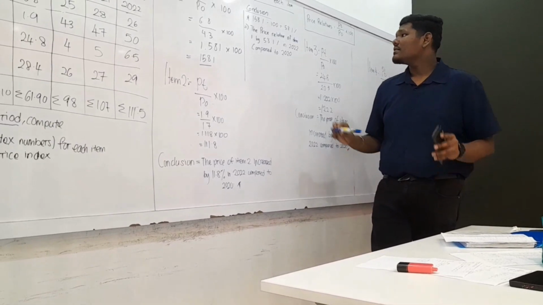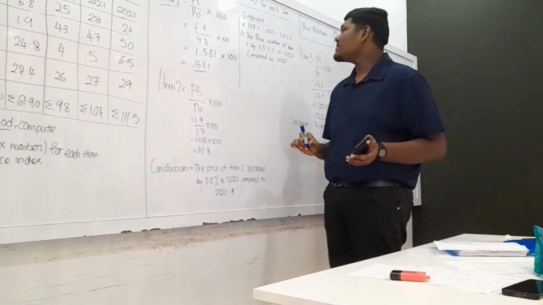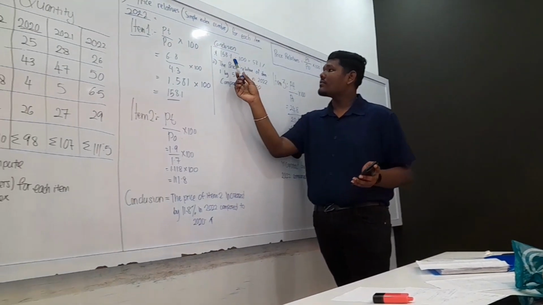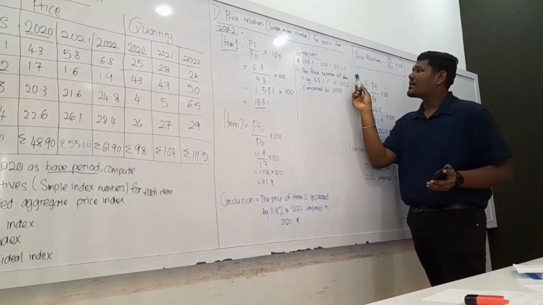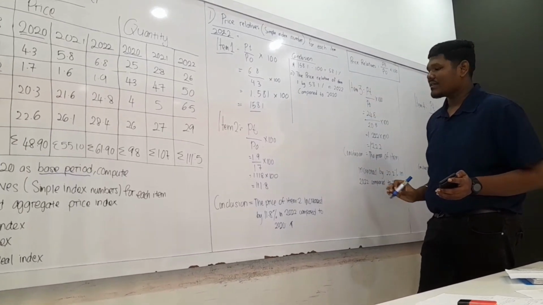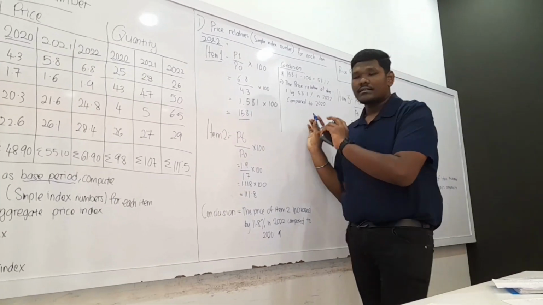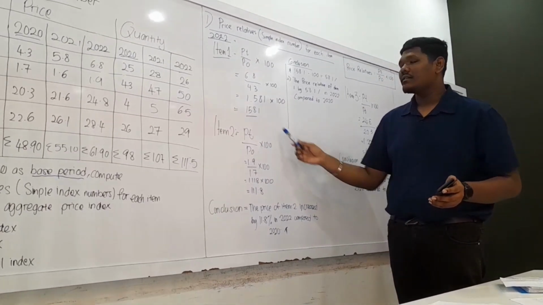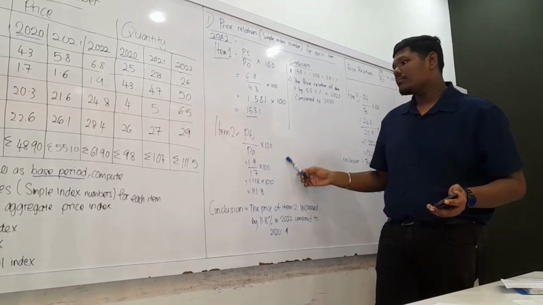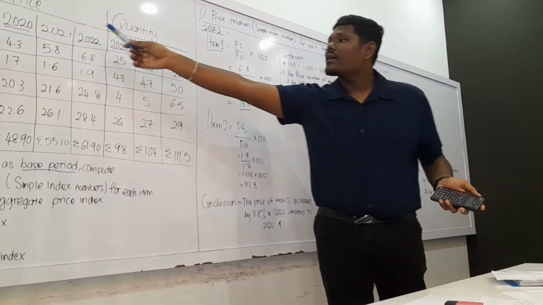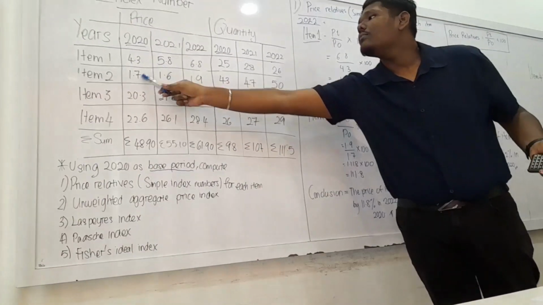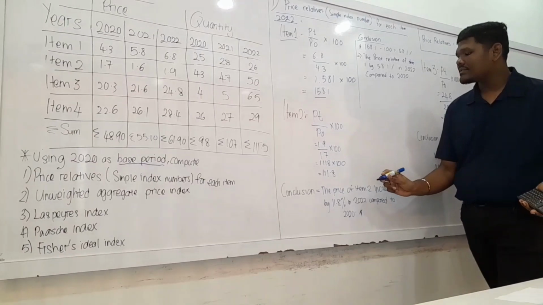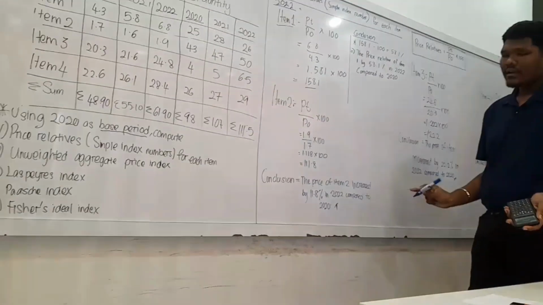So remember, whenever you have to do the conversion, you have to change this answer to a percentage, which means you minus 100 from the answer, and you get the percentage. Okay, so the same goes to item 2. You can see here PT over PO times 100. Write the formula again. So item 2, look at the table, 1.9 over 1.7 times 100, and the answer should be this, and then the conclusion.